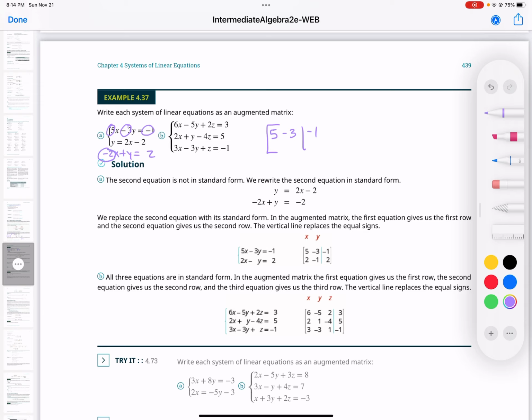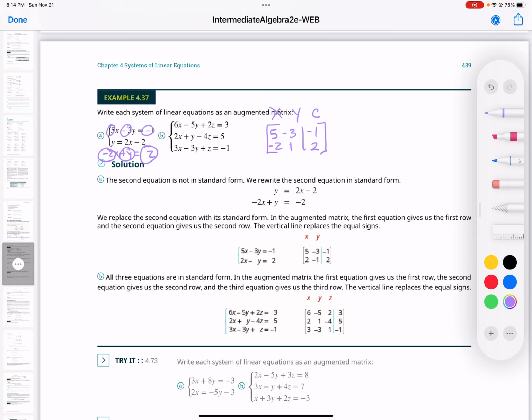We've got a -2 for our x value. I'm going to put this as a c since they were calling that the constant. And then we've got a +1 here and a 2. And there's our 2 by 2 matrix augmented. And then let's go ahead and do the 3 by 3. So we'll take a quick check and make sure that it's in XYZ order.